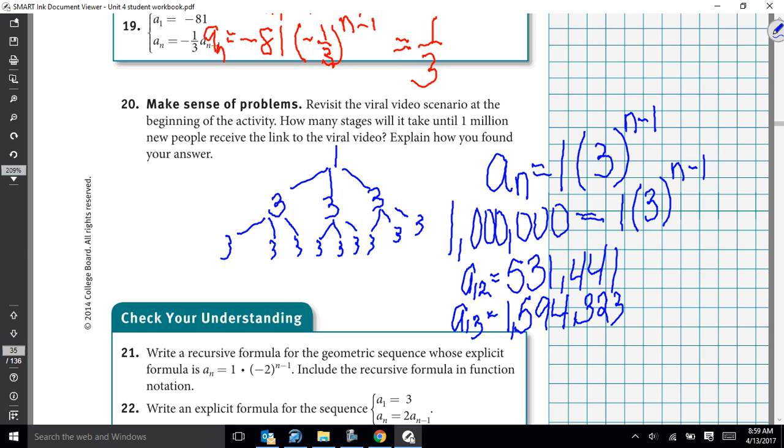Since stage 1 is 1 person, 13 stages later we're over 1 million people for each stage. So somewhere in the process from stage 12 to stage 13.